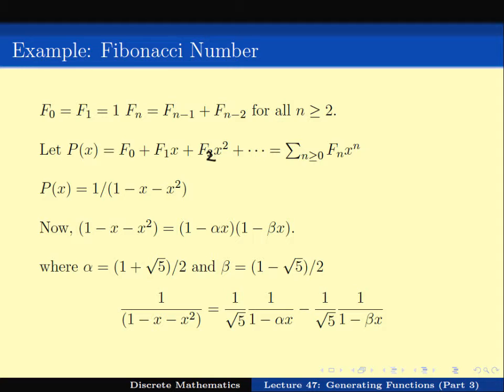And in that case, first of all, you can check that this can be done. This is something pretty easy to check. This is the usual factorization of quadratic polynomials, like the formula that we use, minus b plus or minus square root of b squared minus 4ac, by 2a. You can factorize 1 minus x minus x squared in this way, using this alpha and beta.